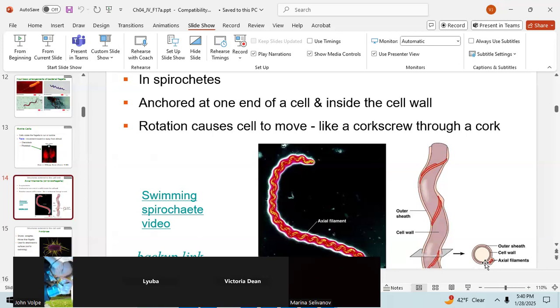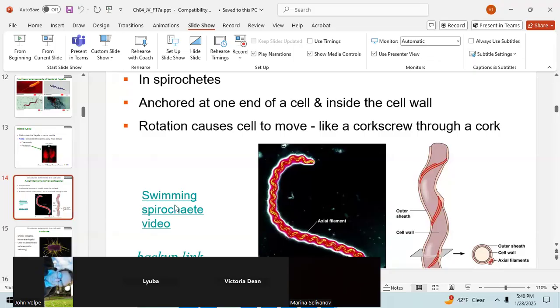That is where the endoflagella is made. I won't quiz you on that, but some people try to state that it is outside the cell wall. And no, the outer membrane of the cell wall is a part of the cell wall. So it's inside the cell wall.